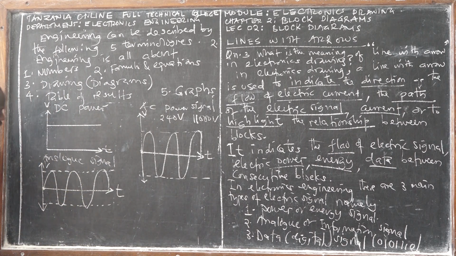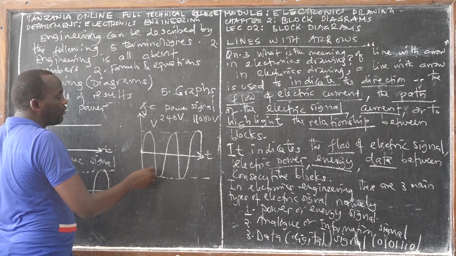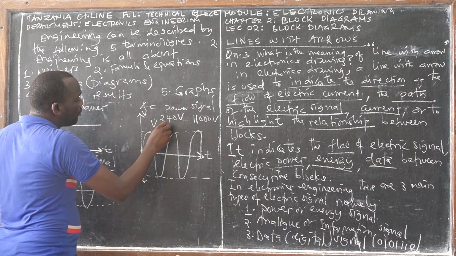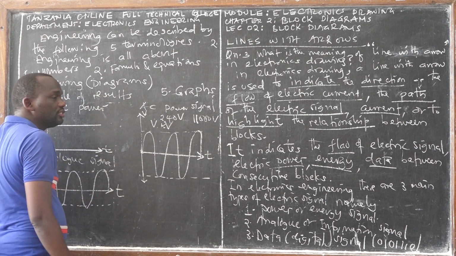But in case of the information analog signal, in most cases the amplitude of the analog signal is measured in terms of millivolt. While in case of AC, the signal is measured in terms of volt or in terms of kilovolt.